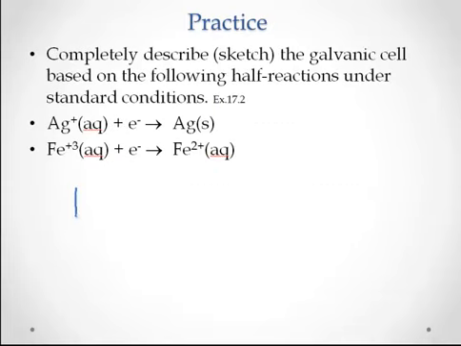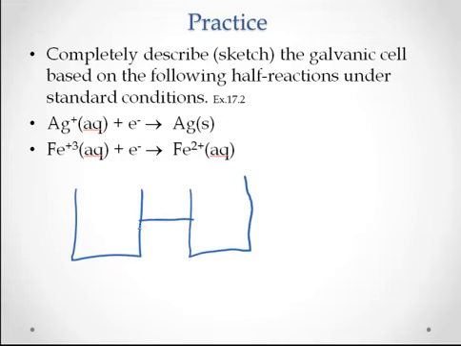So here we go. I'm going to draw one large beaker, and my other large beaker, and some kind of porous disc here, a salt bridge. Now, who's being reduced and who's being oxidized? Well, this is being reduced, and this is being oxidized.